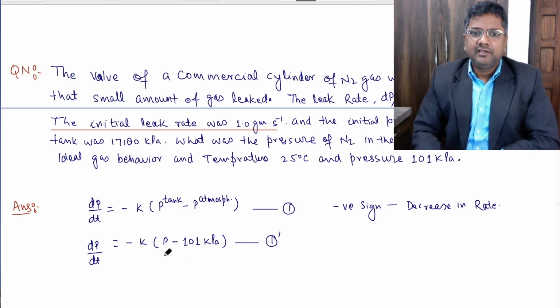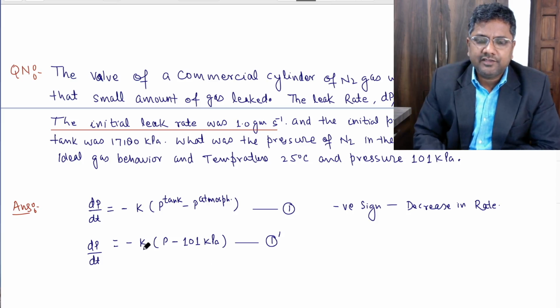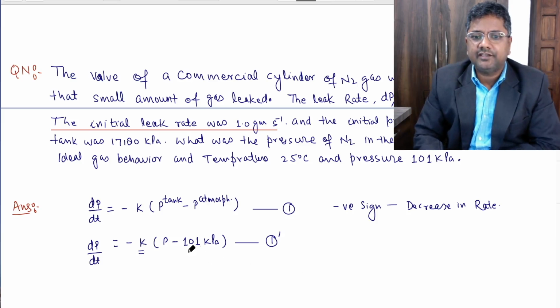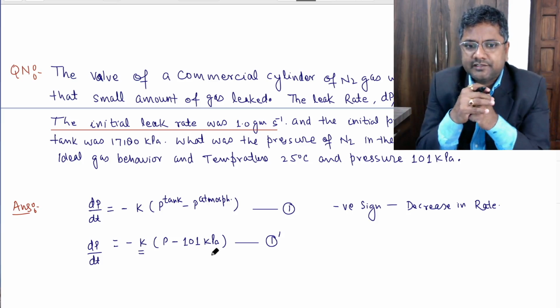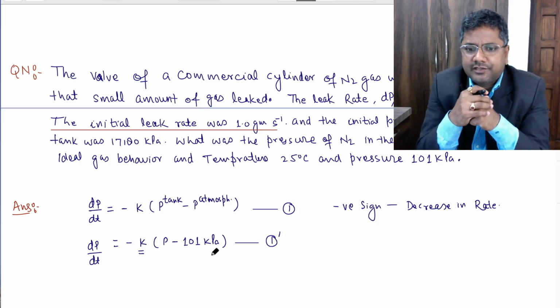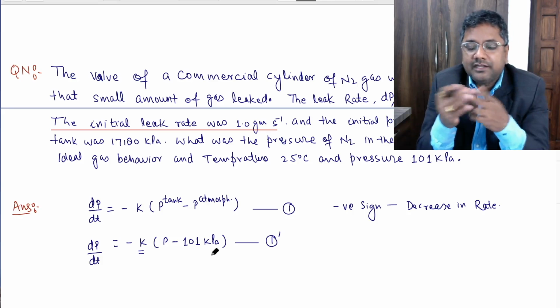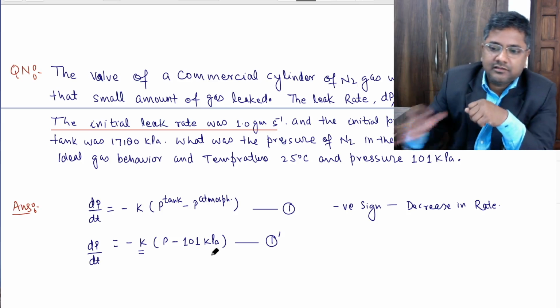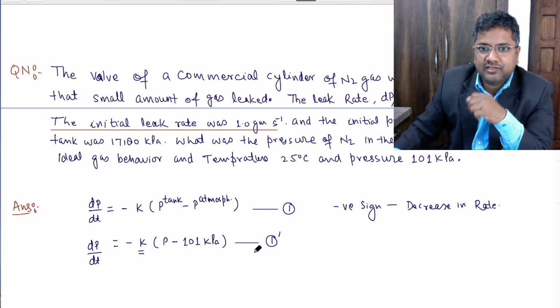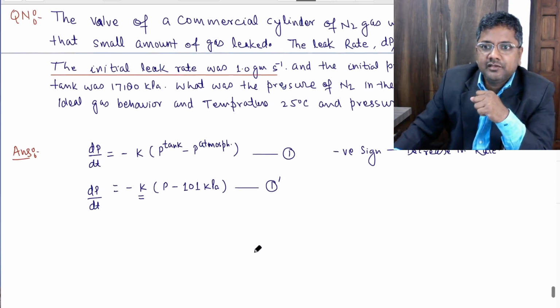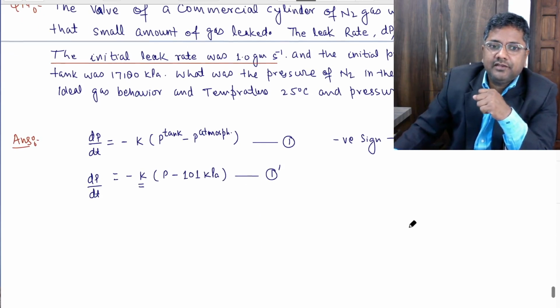Here in this equation there is a constant K. If we get this value of K, then the question becomes easy for us. We can integrate this equation between the time limit of 0 to 1 hour, and accordingly calculate the final pressure, right? So how to find the value of K?